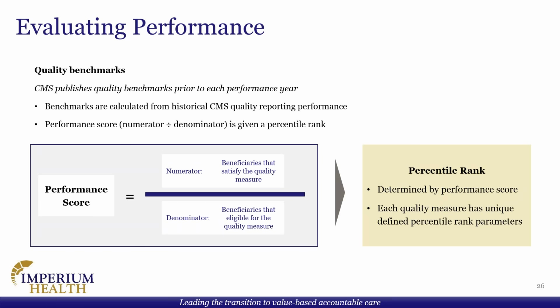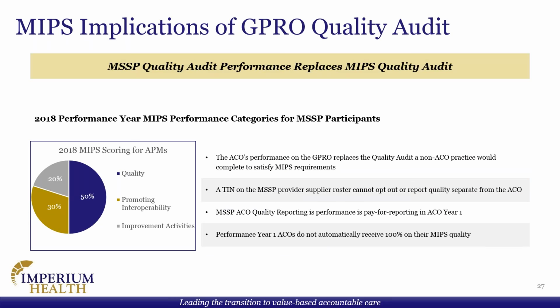Once we've completed all of our individual audits and gotten our percentages for each score, Medicare will then determine a performance rank or a performance score for each measure. This is something that will happen in the background and not necessarily something you need to be concerned about. For now, I would say just do the best you can with each measure. But do know that performance on each measure will potentially contribute to your MIPS score.